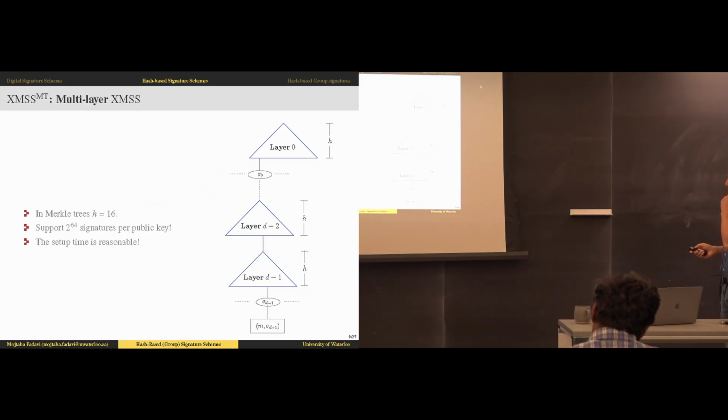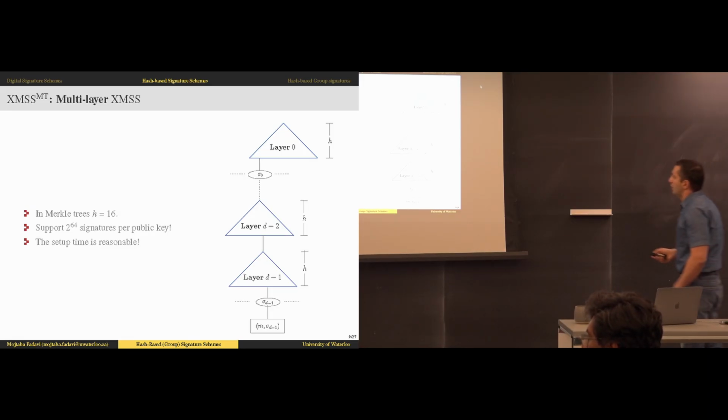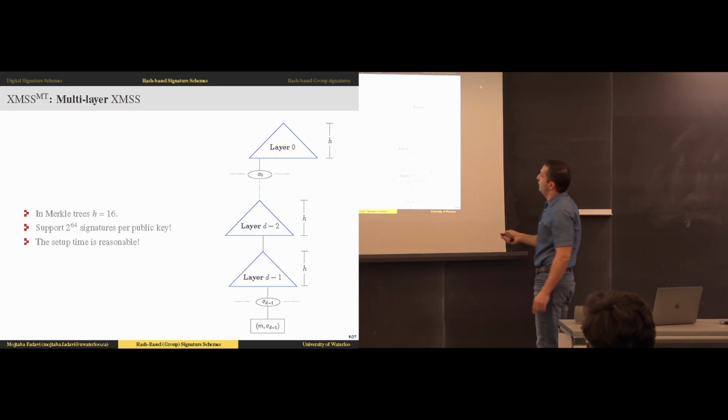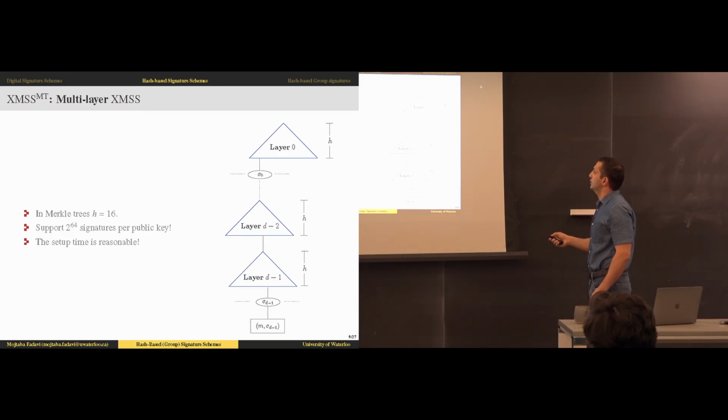It prompted other scientists to introduce XMSS-MT. In XMSS-MT, they work with multi-layer Merkle trees, where we have a D-layer Merkle tree, and each layer is signed with the corresponding leaf node of the upper Merkle tree.